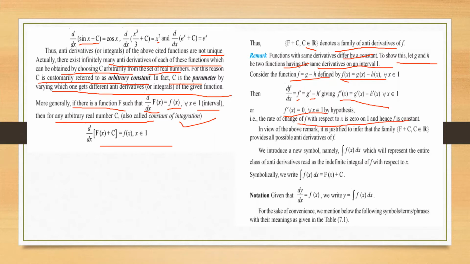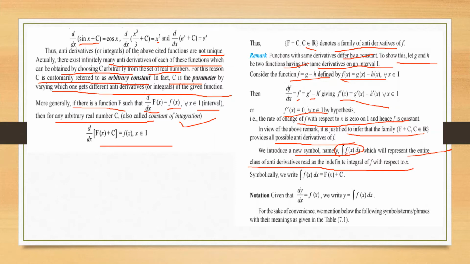Now in view of the above remark, what is happening? It is justified to infer that the family F plus c, c belongs to R, provides all possible antiderivatives of the function. So we introduce a new symbol. This is the symbol of integral f(x) dx, which will represent the entire class of antiderivatives, read as indefinite integral of f with respect to x.